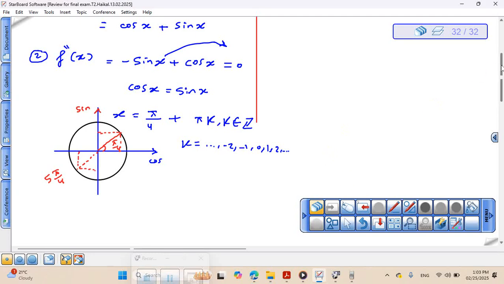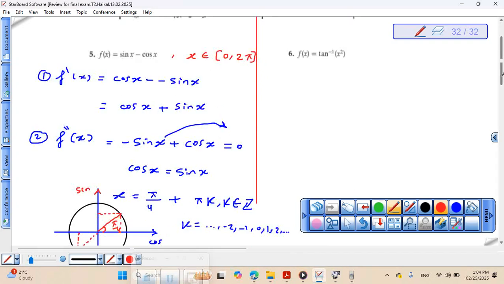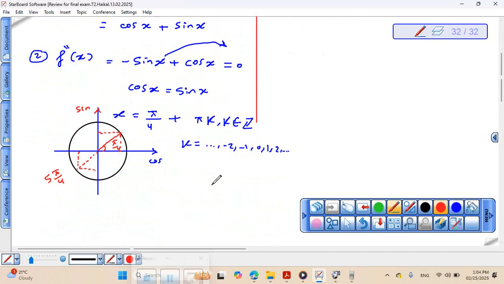If the question does not determine the interval, maybe the question becomes x in the interval from 0 to 2 pi. Then the inflection points: for k equals 0, x equals pi over 4.